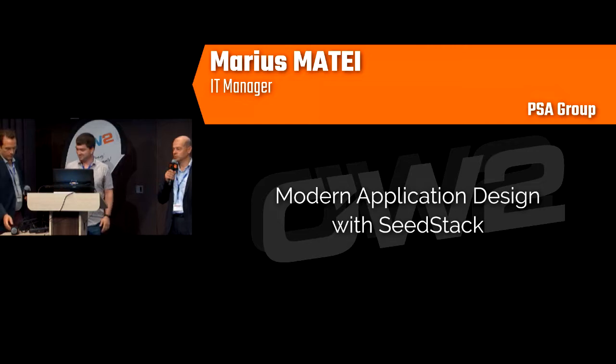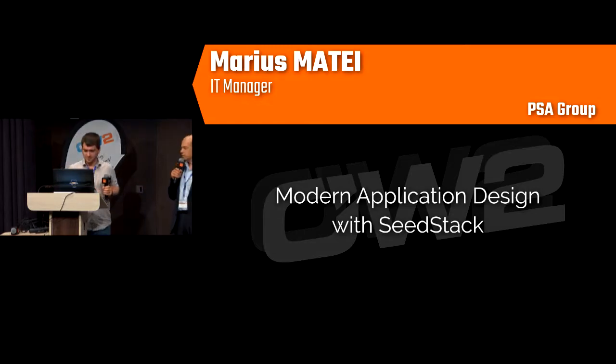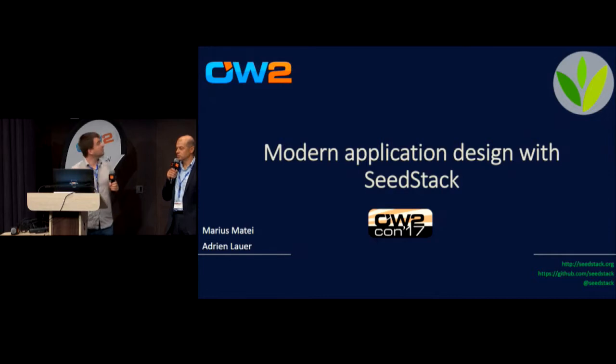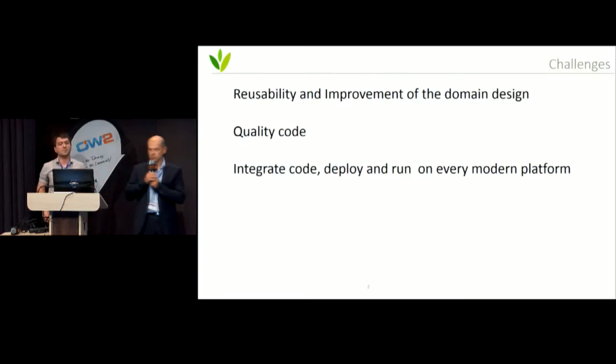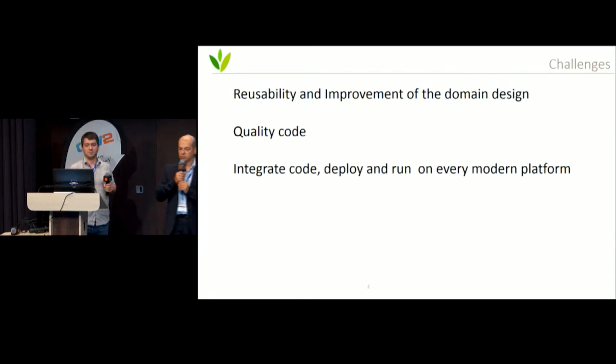And we'll try together to solve one of the most common problems in software engineering in great big enterprises: how to create applications which better use the domain design of the enterprise.